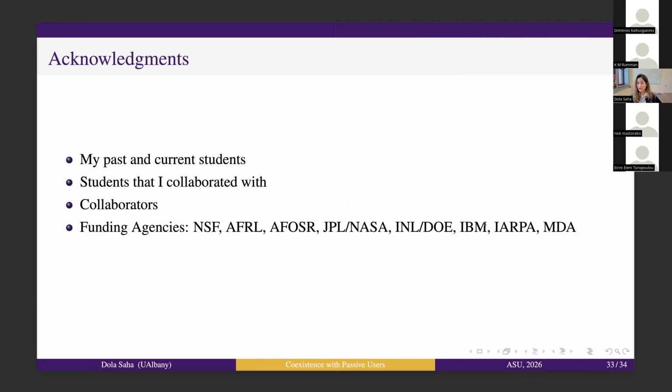My collaborators, especially for this one, without the radio astronomy person in the group, I couldn't have done anything, because I knew so little about the details of radio astronomy. And of course, the funding agencies, without whom we cannot do much work.